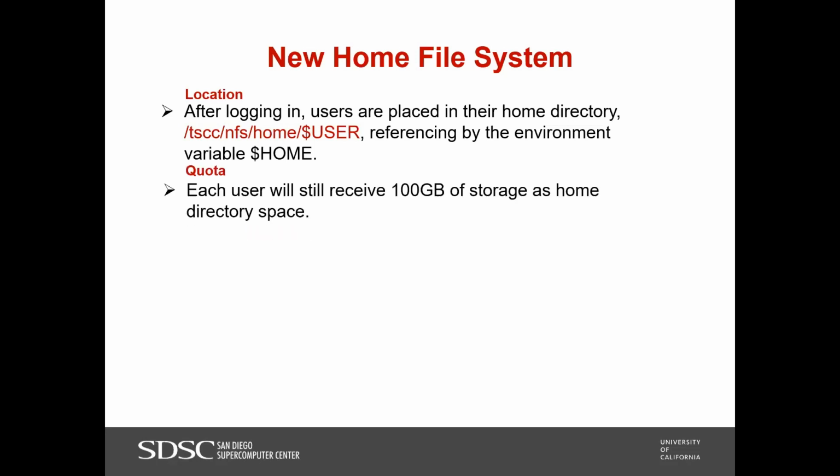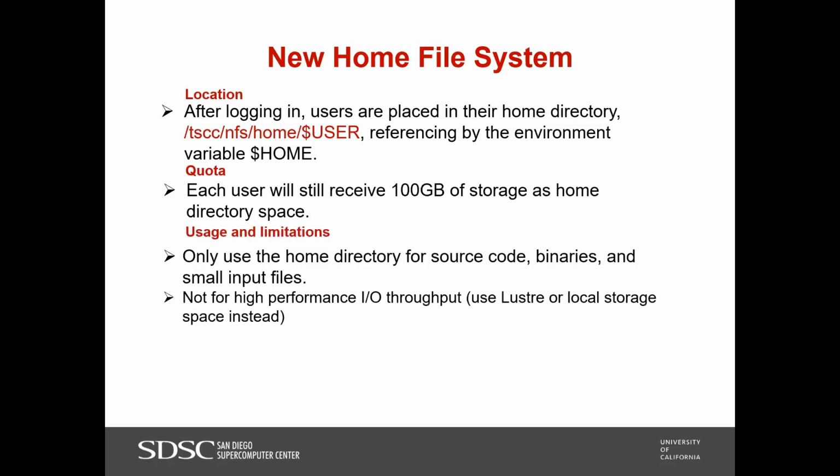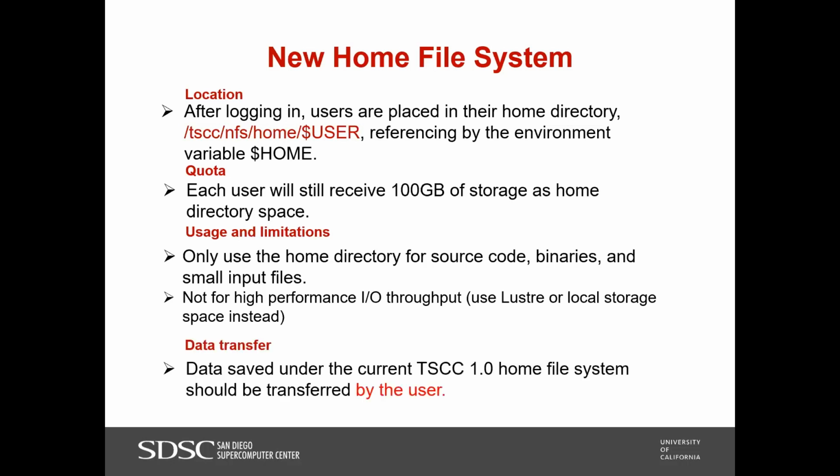The home also has 100 gigabytes of storage. Just note the home directory is for saving your source code, binaries, and small input files. It's not for high performance I/O throughput. Please consider using the larger or local storage space instead.